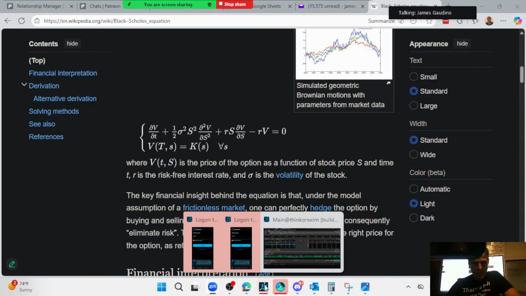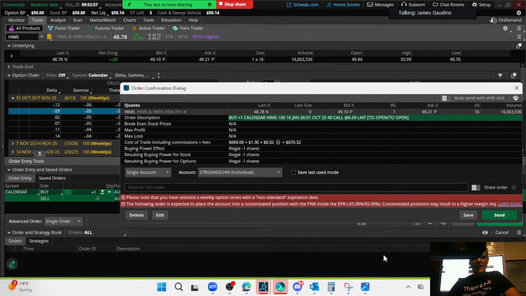Right. So let's look at it and see what kind of rate of return it is. Well, on a calendar spread, looking at the wrong one. Okay. On the calendar spread, we're going to buy one calendar, HIMS. So we're looking at 16 January 26.